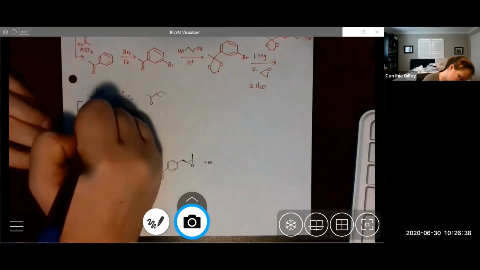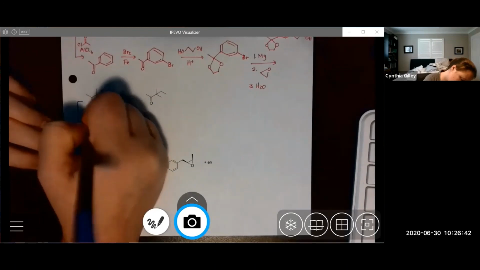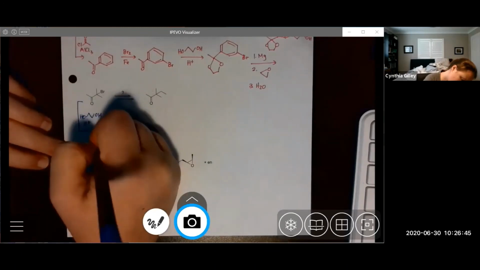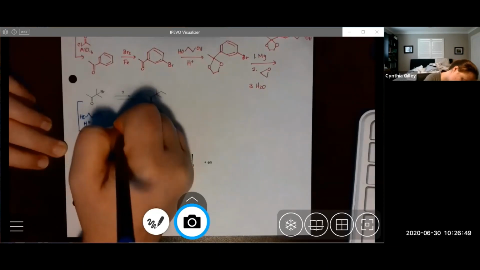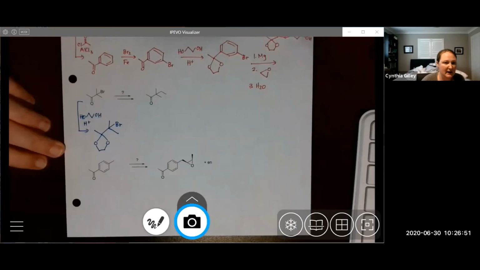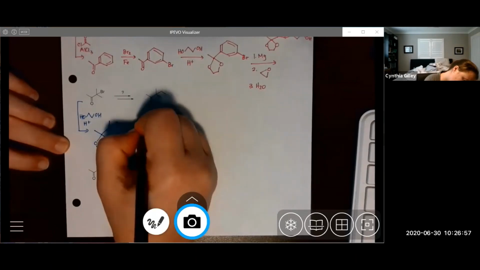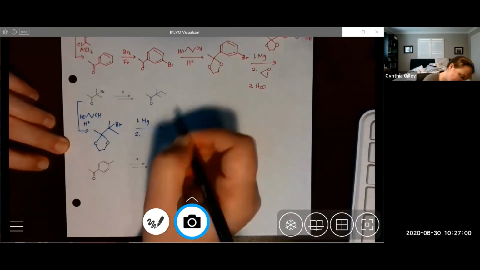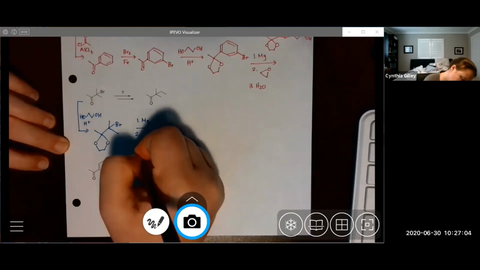So first, we'll probably go through an acetal protection. Right, and now we are able to do a Grignard reaction. I'm going to be adding 2 carbons here.